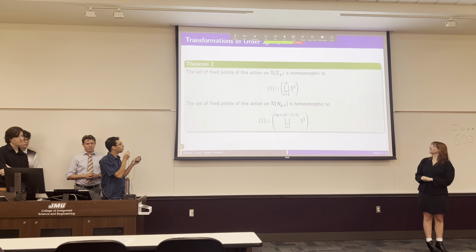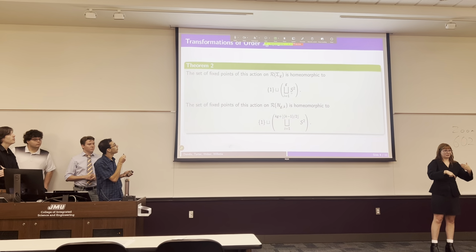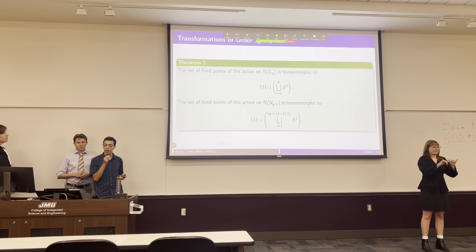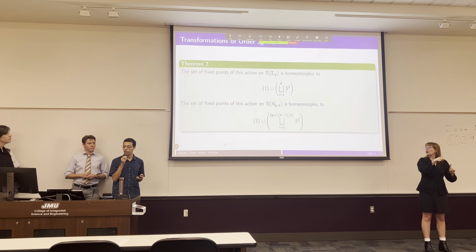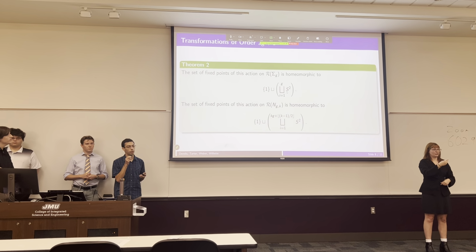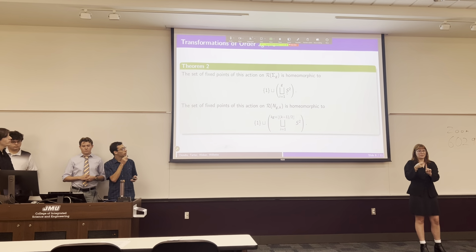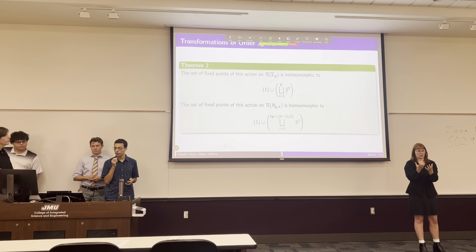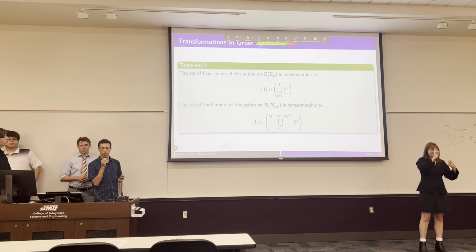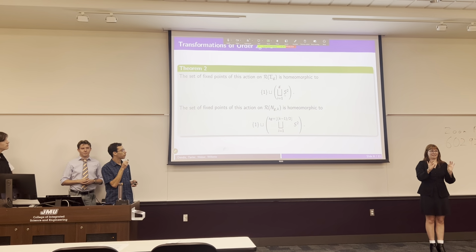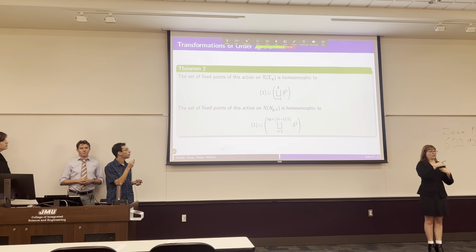And we have 2 results about this family of transformations. So the set of fixed points of this action on the representation variety on this surface with G holes is homeomorphic to the disjoint union of a point and G spheres. And the second result is about this space we denote N sub GK, which is a space constructed from the surface with G holes that we call a circle bundle.